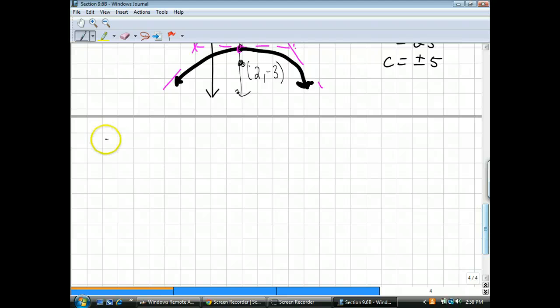Now let's look at one where we have to find the equation.